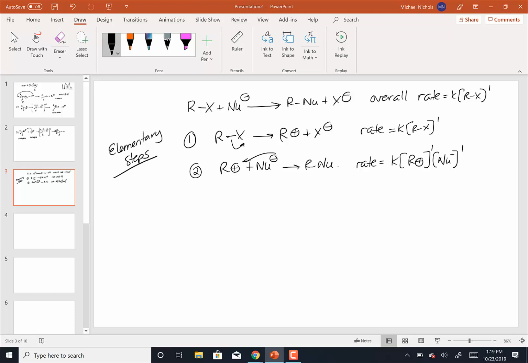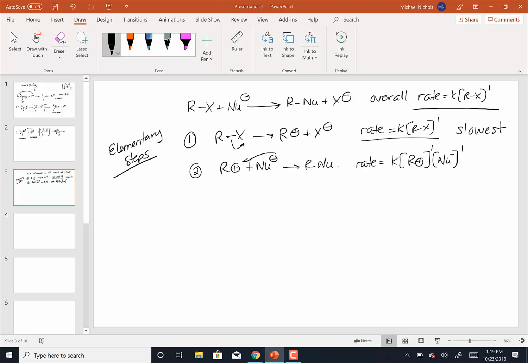The way I do that is that the slowest step, its rate equation, is going to match up with the rate equation overall that I determined experimentally. So the slowest step should have the rate equation that equals the overall equation. Right.